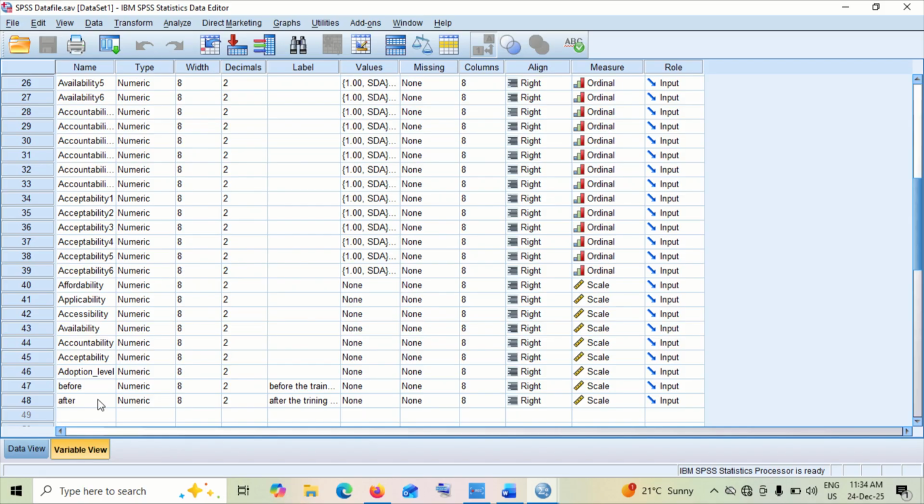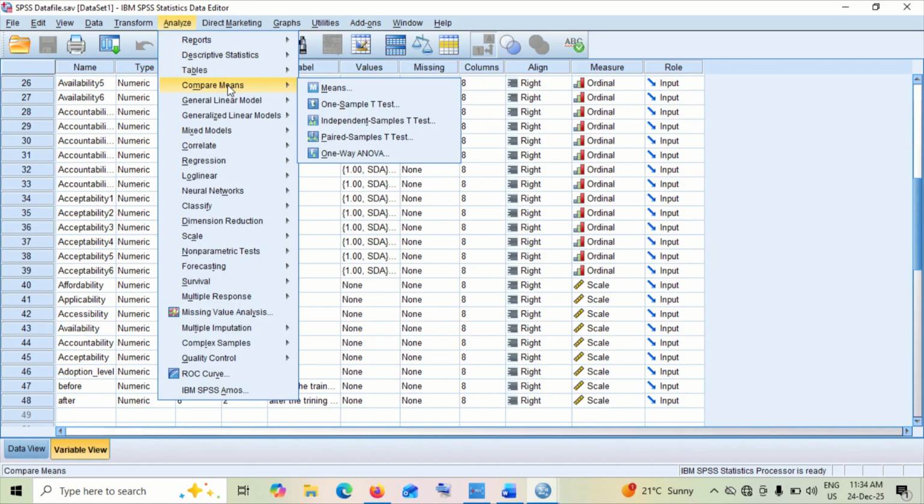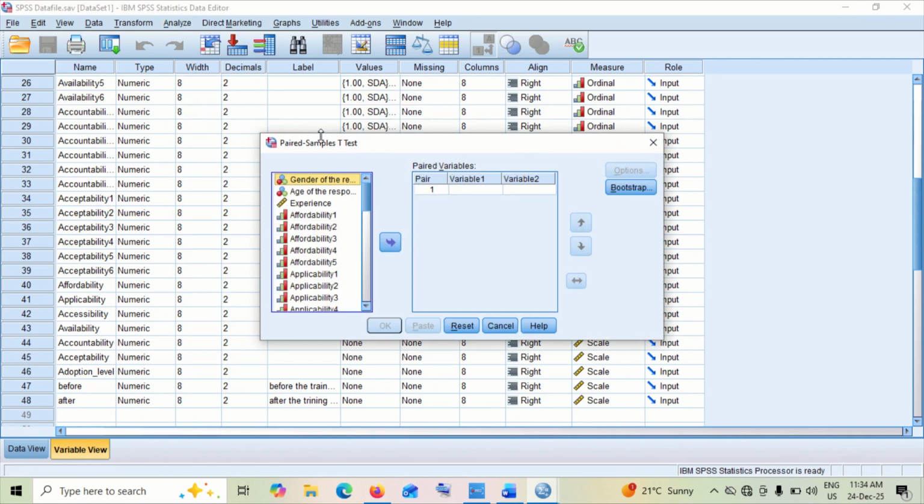Here we have to compare the result by using different statistical measures. Before that, let us look at the steps of paired sample t-test. First of all, select Analyze, Compare means, paired sample t-test.